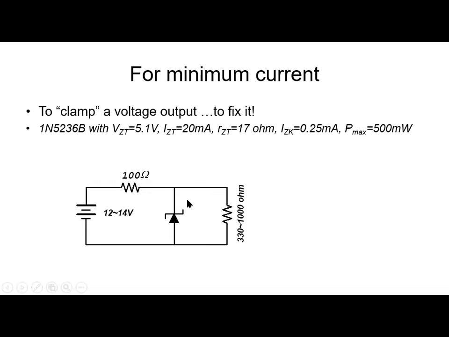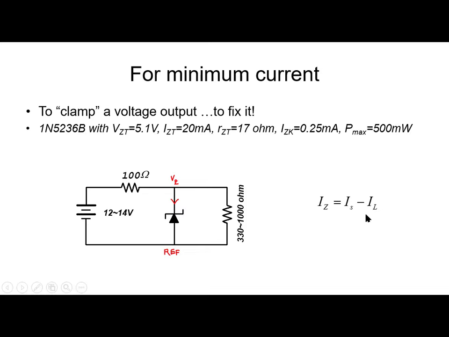We compute Vx immediately. Let me label the top node as Vz, the voltage in the Zener. And the one at the bottom is the reference node, of course. Let's concentrate on what is the current in the Zener for now. That current in the Zener depends on the current in the source and the current of the load, and KCL, of course. The current in the Zener is the current in the source minus the current in the load.